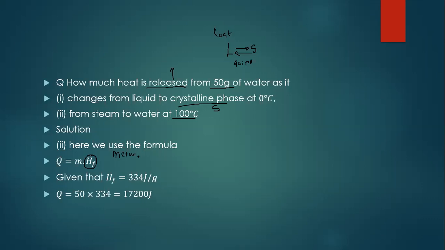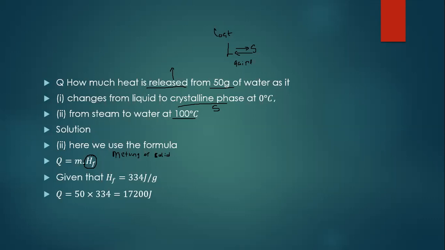Or crystallizing. Crystallizing is the opposite of melting. It's more like solidifying. Most of you know it by the word solidifying. Going from liquid to crystalline is what we call freezing.